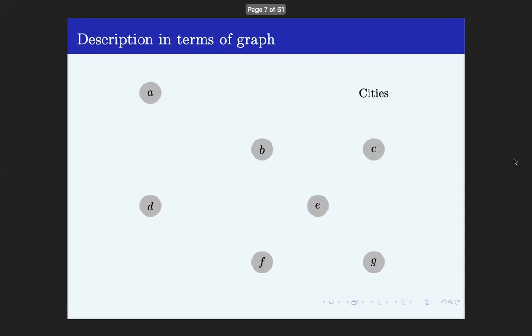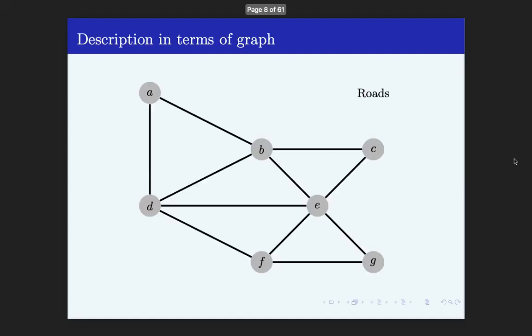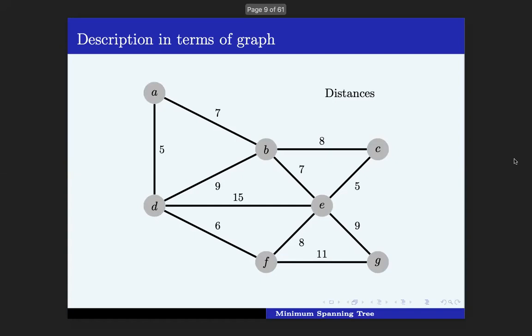So here, for example, we can use the cities as vertices, and we have roads that connect the cities, and each road has some distance associated with it, or you can think of it as the cost of laying a fiber network along this road.